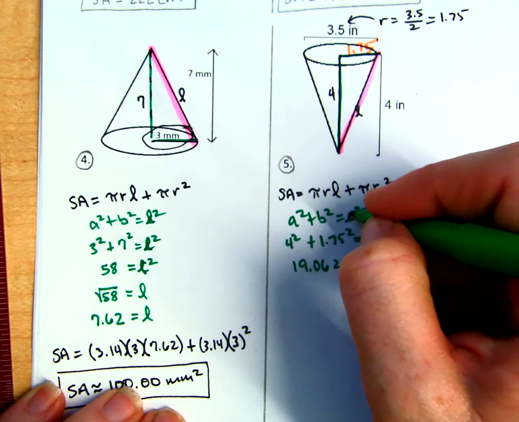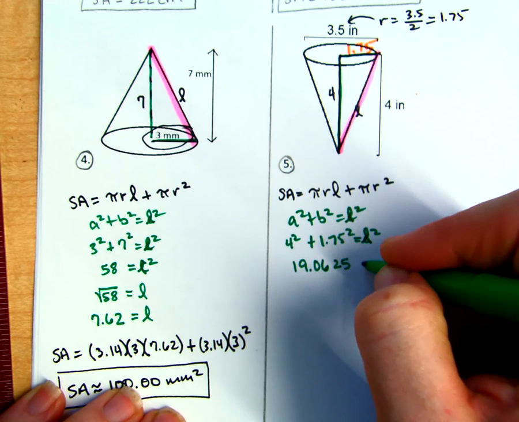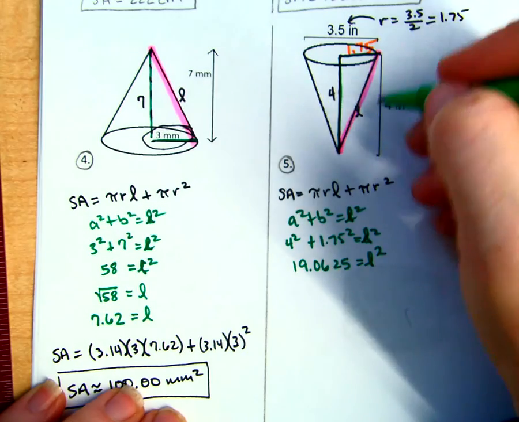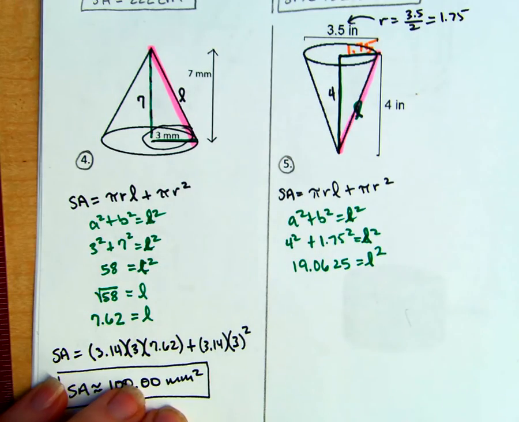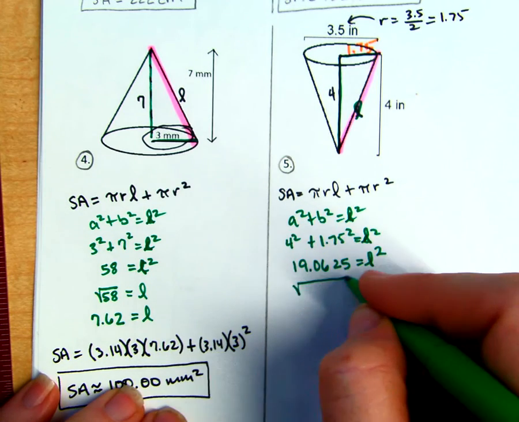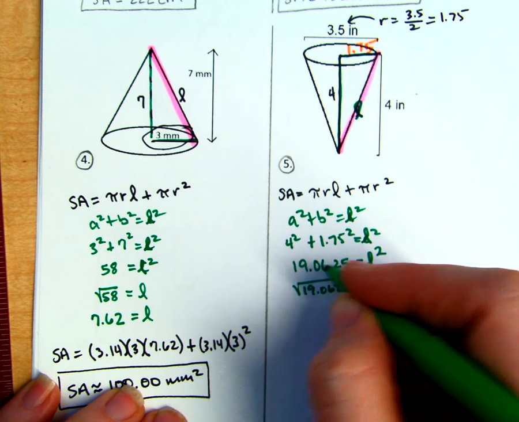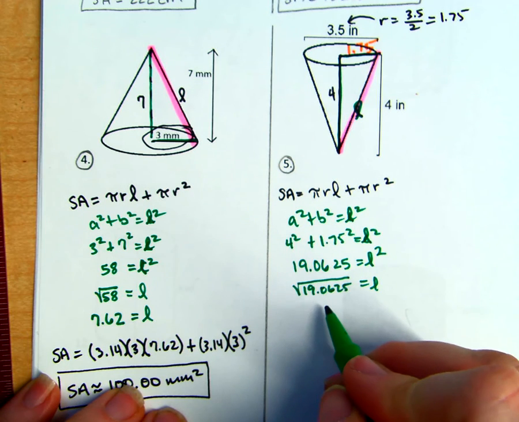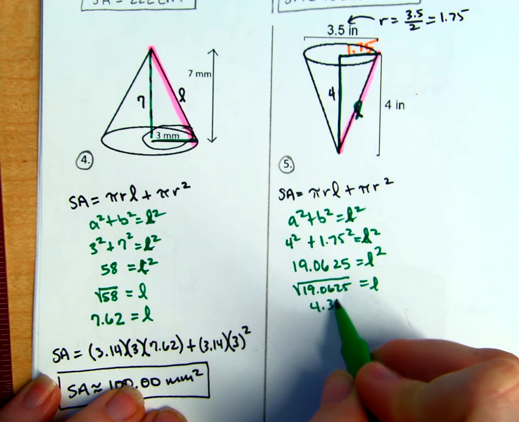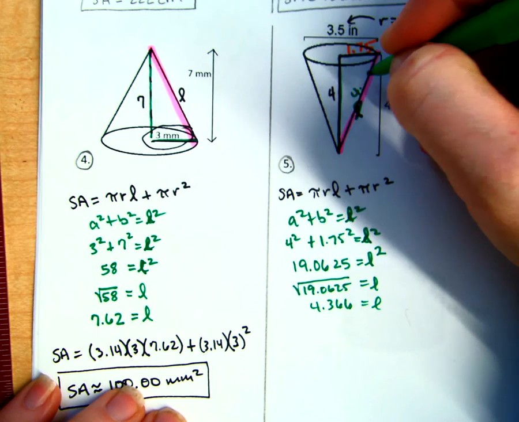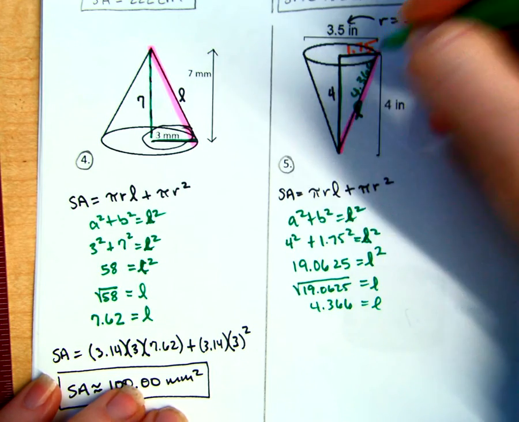I've called it C again, but actually I want to call it L, since I am in fact solving for L right here. And then I take the square root of both sides because I always have to do that. And I end up with approximately 4.366 as my slant length right here. So 4.366.